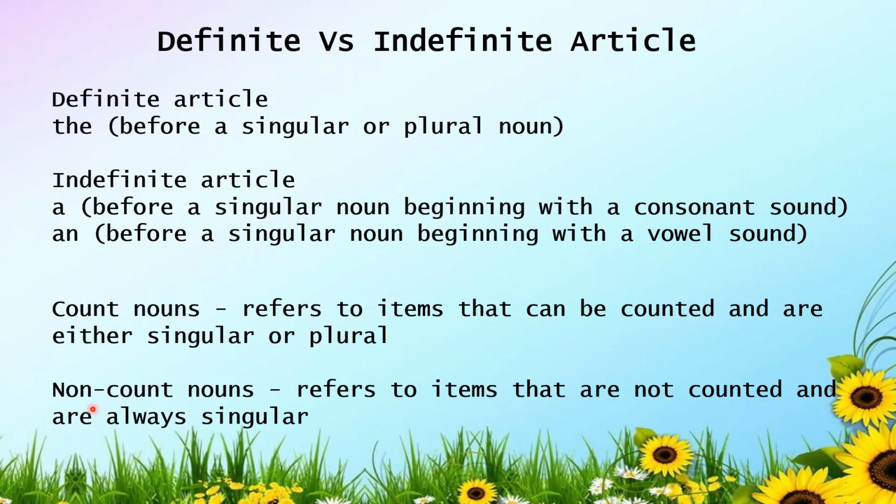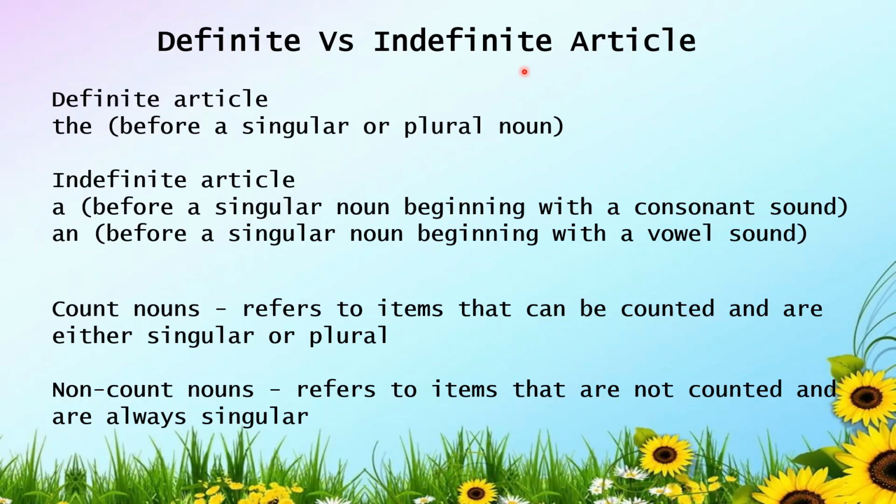Countable nouns and non-countable nouns. Countable nouns refer to items that can be counted and are either singular or plural. But non-countable nouns are not generally counted, and are considered to be singular.